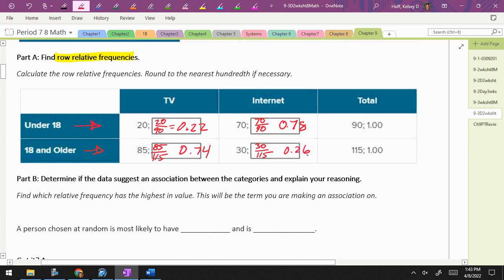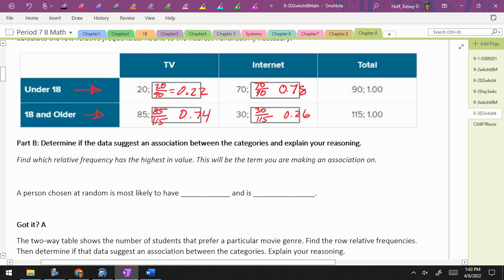0.26. Okay, so it says determine if the data suggests an association between the categories and explain your reasoning. Find which relative frequency has the highest value. This is the term that you're going to say there is an association. The closer it is to 1, the more likely it's going to happen. So our highest decimal is 0.78.